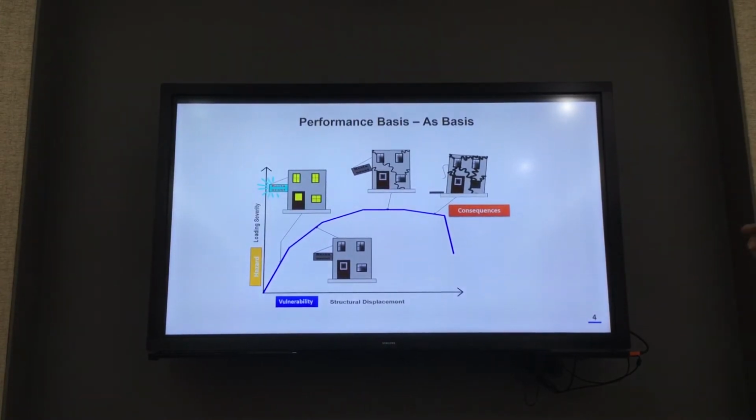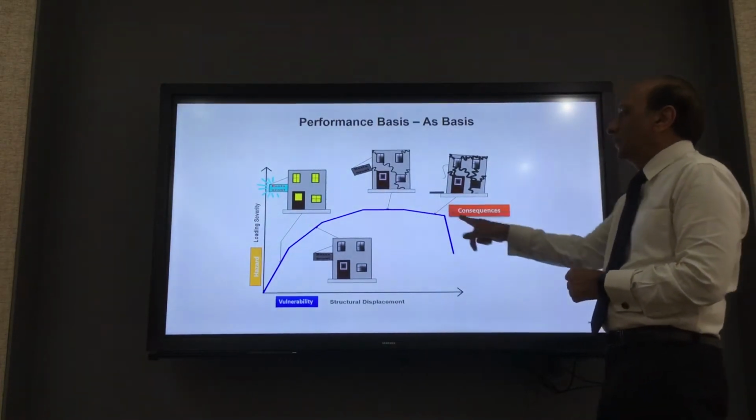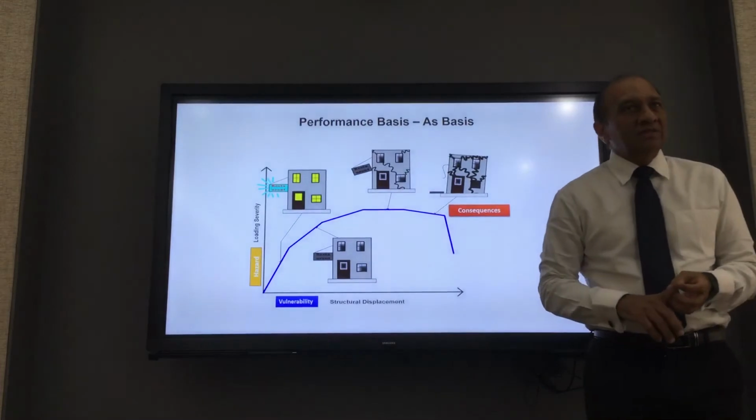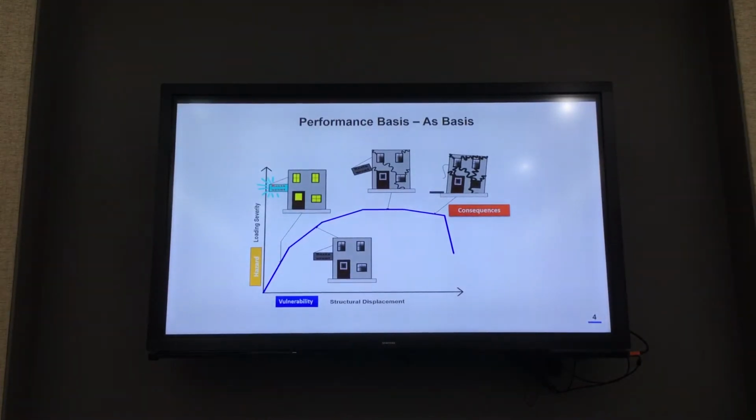So to understand performance-based design, we must first of all understand that we need to go into the nonlinear response range. It cannot be done on a linear case that we normally consider. We also have to remove all factors because factors are arbitrary. They do not have any real meaning.